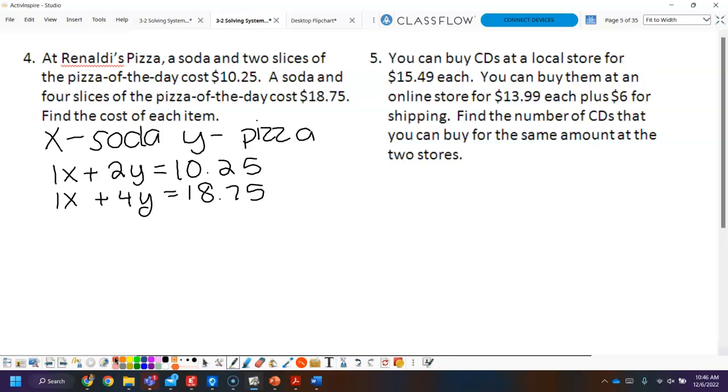Both equations have coefficients of 1 on x. So you pick one. It doesn't matter. Pick the top one or pick the bottom one to solve for the problem. So let's just say x is 10.25 minus 2y. So I'm going to replace this x with that x.